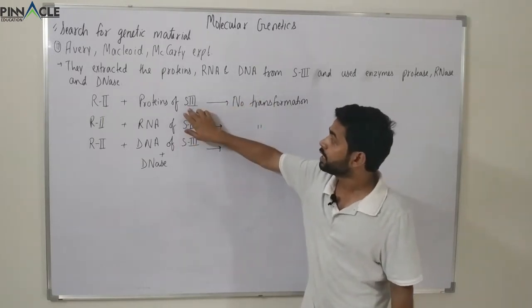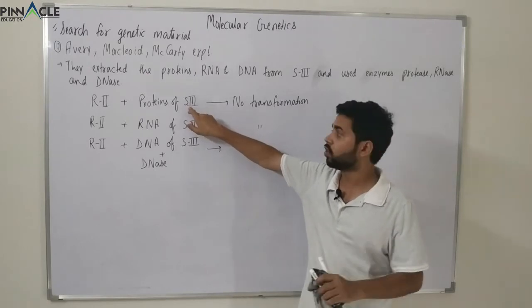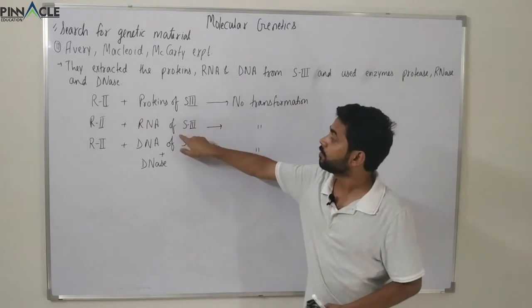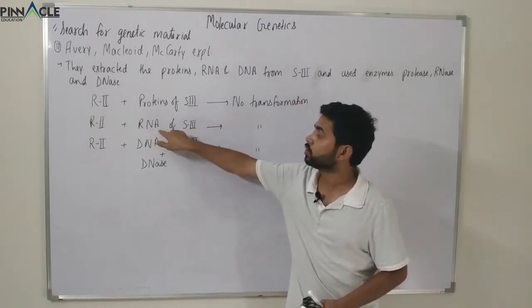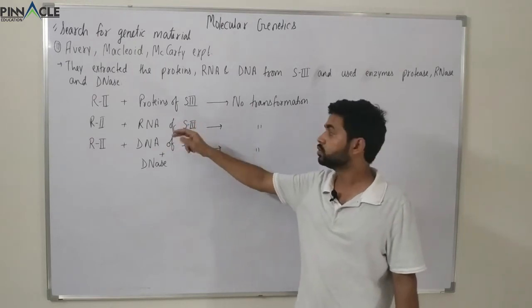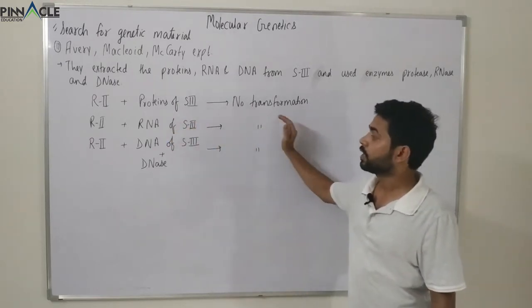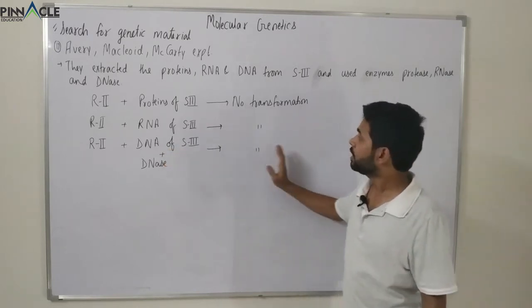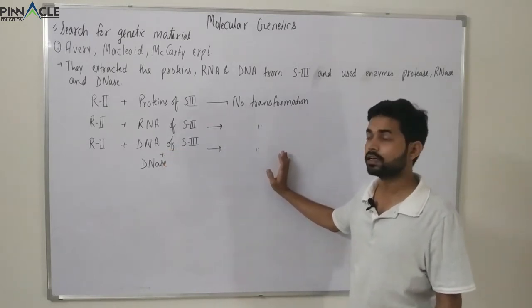So whether protease enzyme was used in this case or not, no transformation was observed. Whether RNA or RNA with RNase was used, no transformation occurred. And when DNA was used with DNase, it did not cause any transformation.